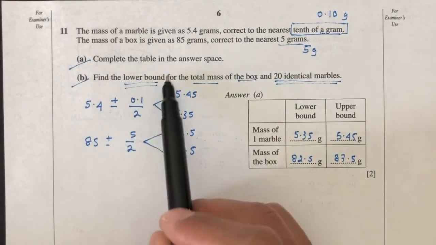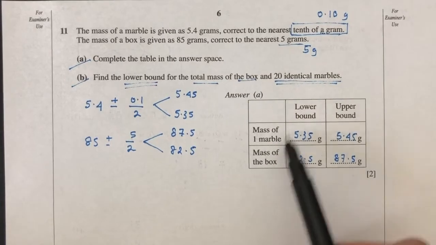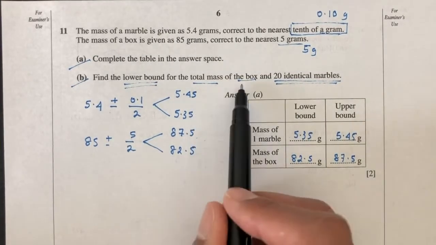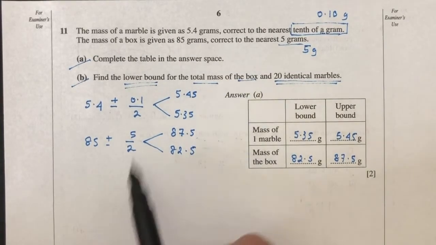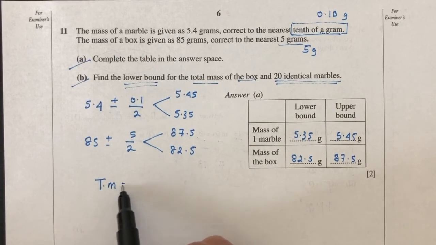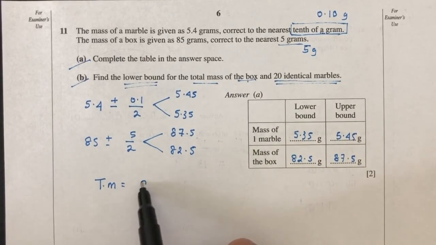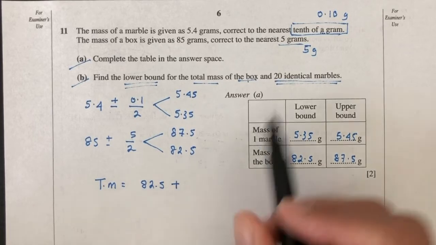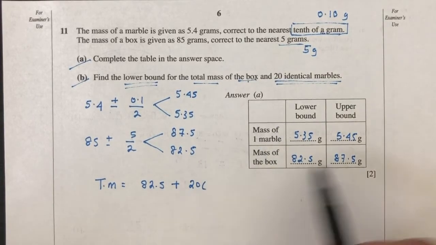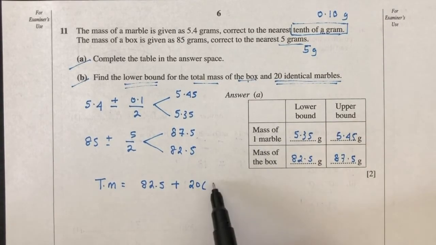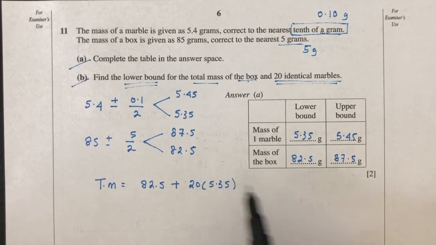So if you want to find the lower bound of the total mass, you have to take the lower bound values. So of the total mass, first let's take the mass of the box, which will be 82.5, plus 20 times the lower bound of this one, 5.35.